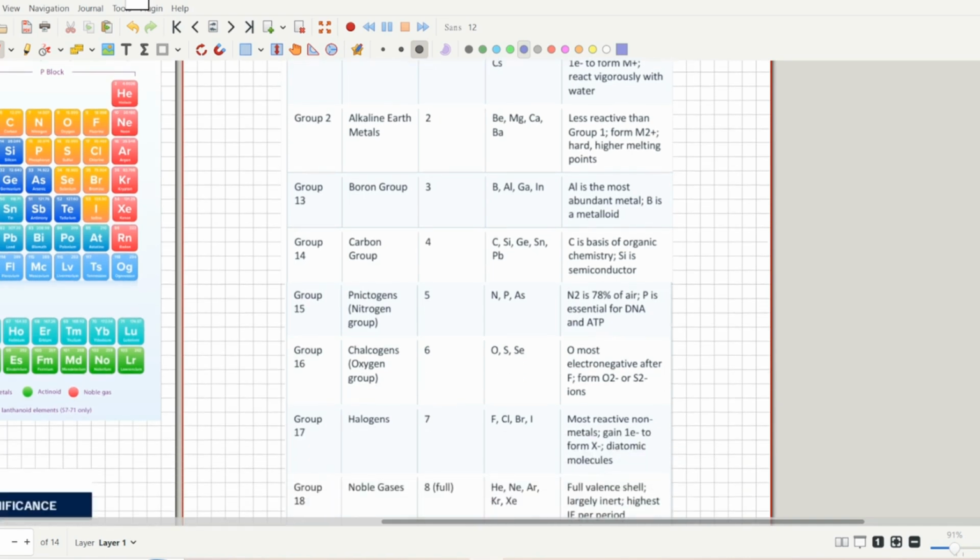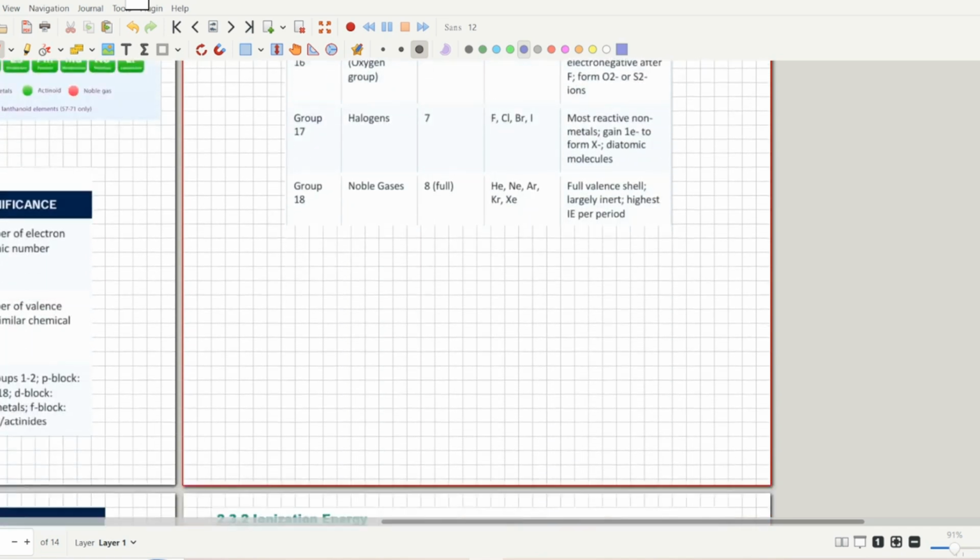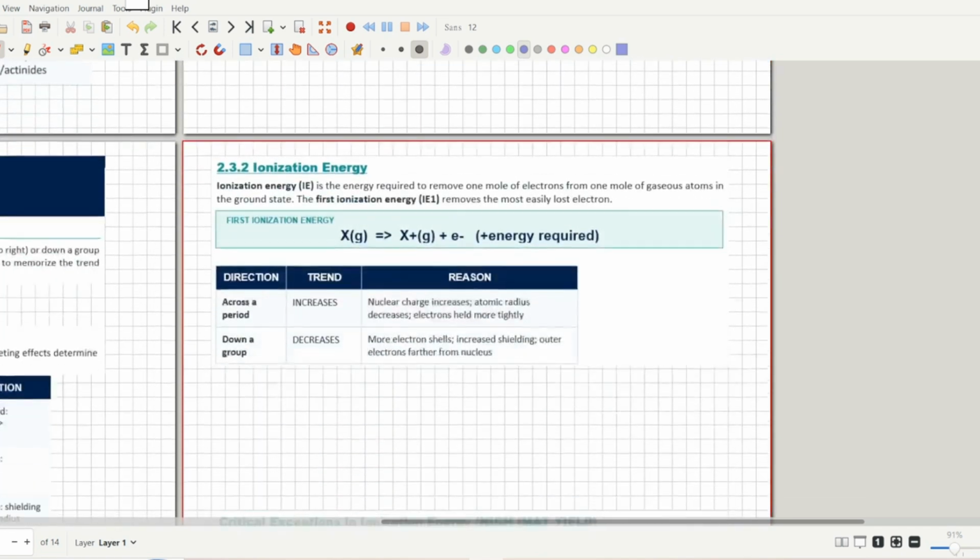Then you have groups 13, 14, 15, 16, 17 and 18. They are boron, carbon, nitrogen, oxygen, halogen and noble gases. If you have already memorized the periodic table, you don't need to memorize what group 15 contains, what group 16 contains. Just memorize the periodic table and you are good to go. The table will be already done for you.